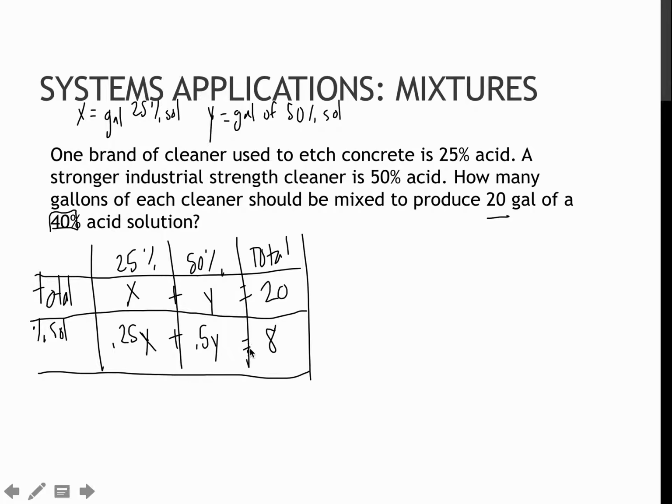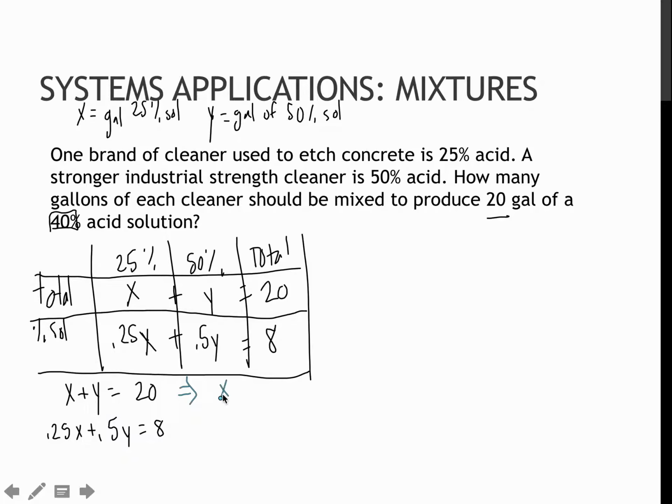And you can solve either by substitution or elimination. Honestly, it doesn't matter which way you choose to do it. My two equations are X plus Y equals 20 and 0.25X plus 0.5Y equals 8. I find it easiest on questions like this to take this equation and just rearrange it.